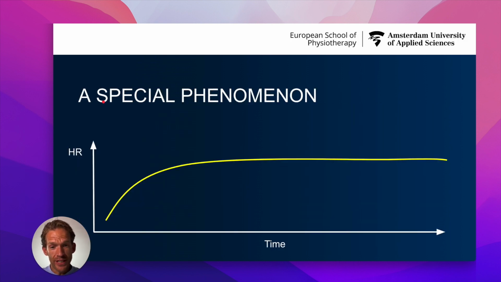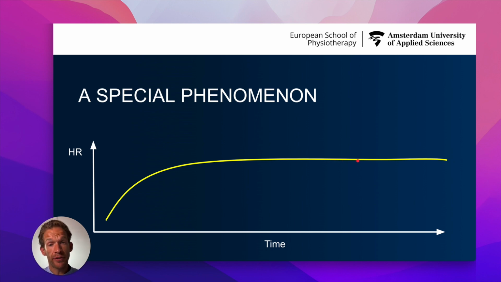Well, compared to the steady state graph that I showed you earlier, as you can see again here, a steady state response would be a normal increase, and then for any steady state exercise with steady intensity, for example, biking at 150 watts, you would expect the heart rate to remain steady.